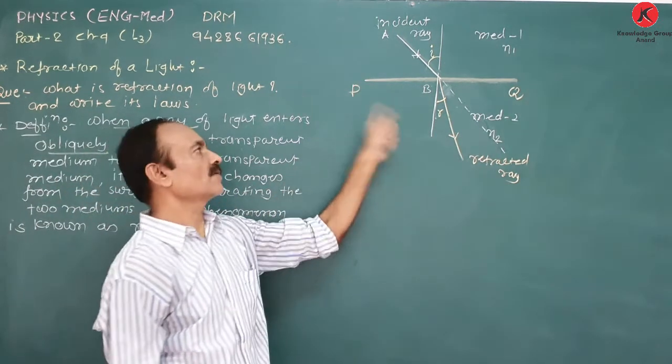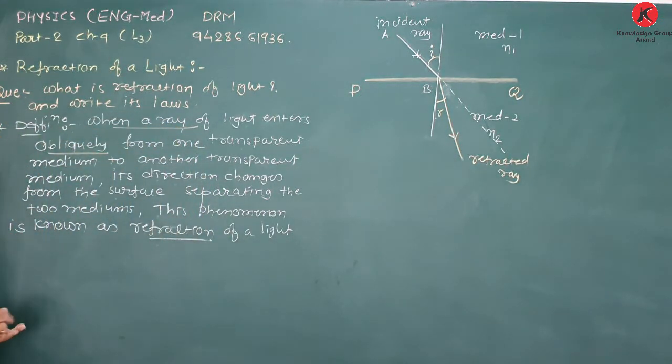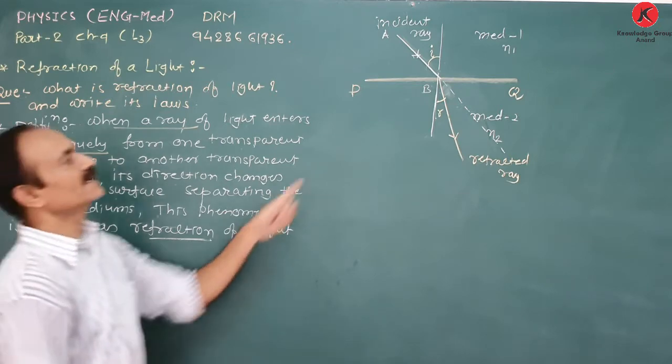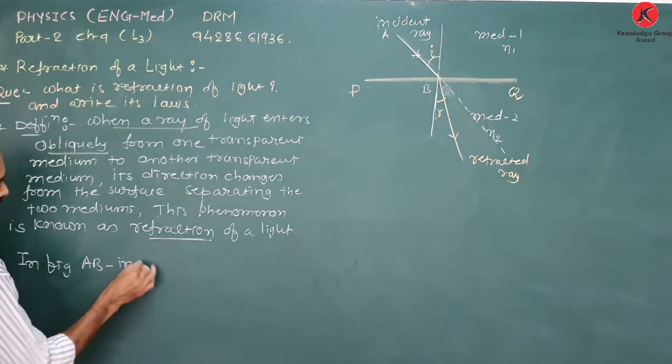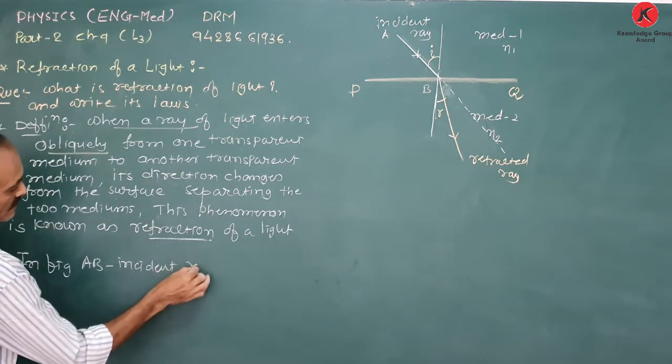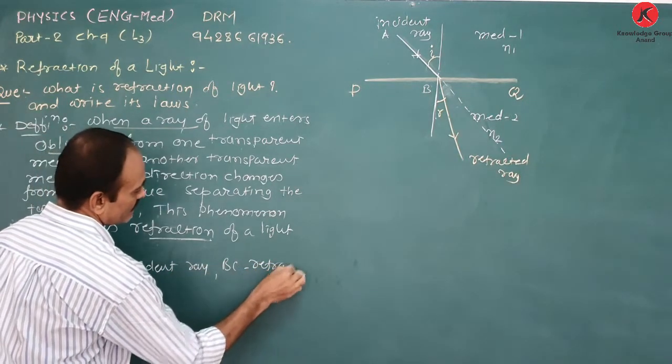Clear this? Okay. Now, in the figure, AB is the incident ray. BC is the refracted ray.